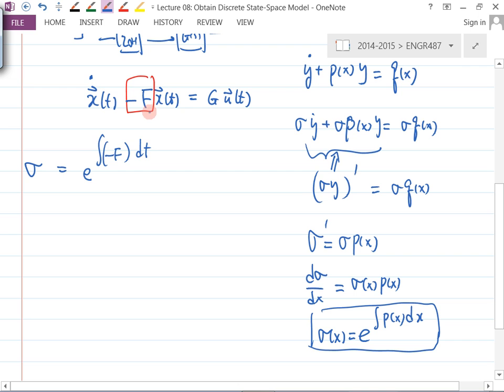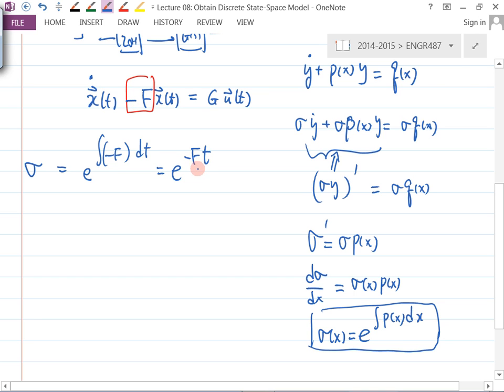We're talking about a linear time invariant system, so the f matrix is not time variant. In other words, it's just considered a constant. So if it's constant, the integral of this constant is just ft, right? That makes sense?